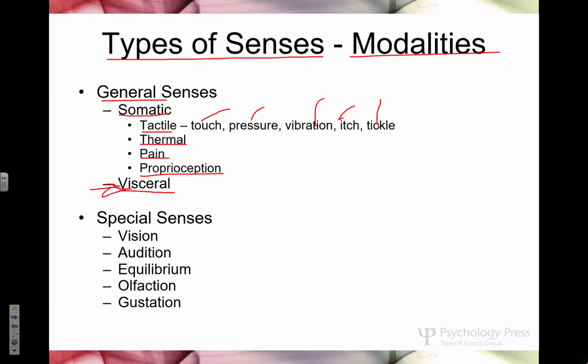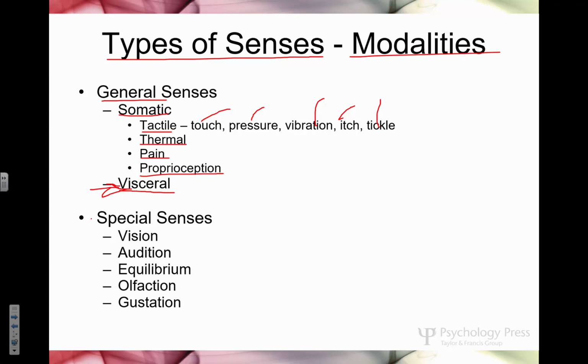So your body's aware of how much oxygen is in your blood, and you will adjust your respiration based on that so that you can put more oxygen into your blood. Again, it's not something you're consciously aware of, but it's definitely a sense.